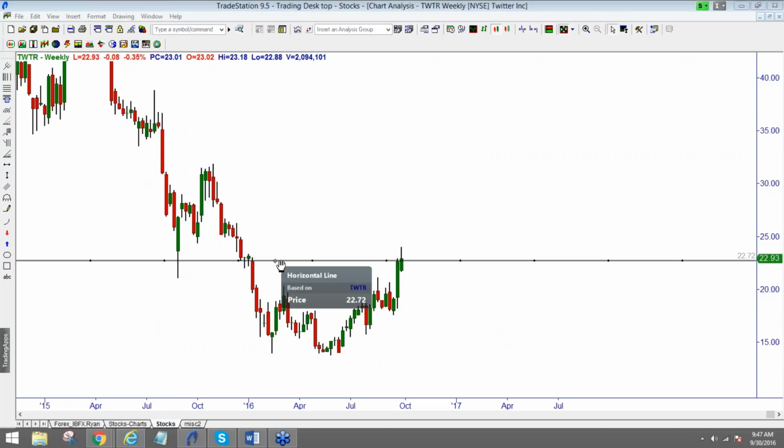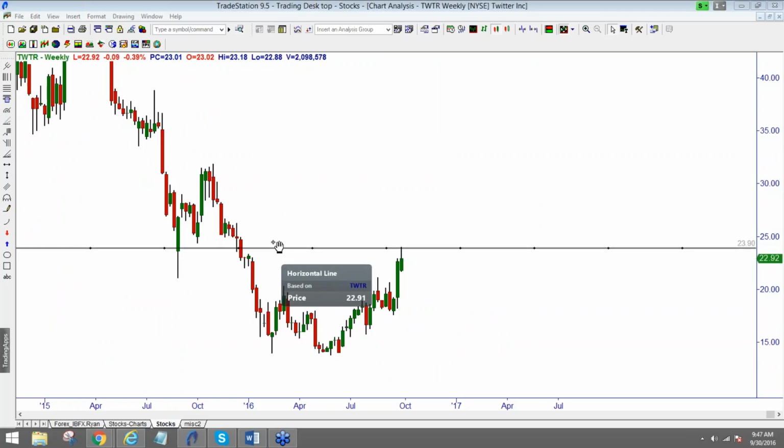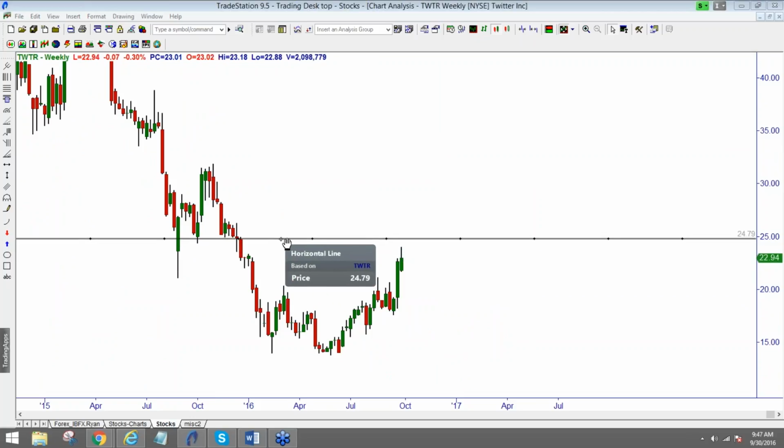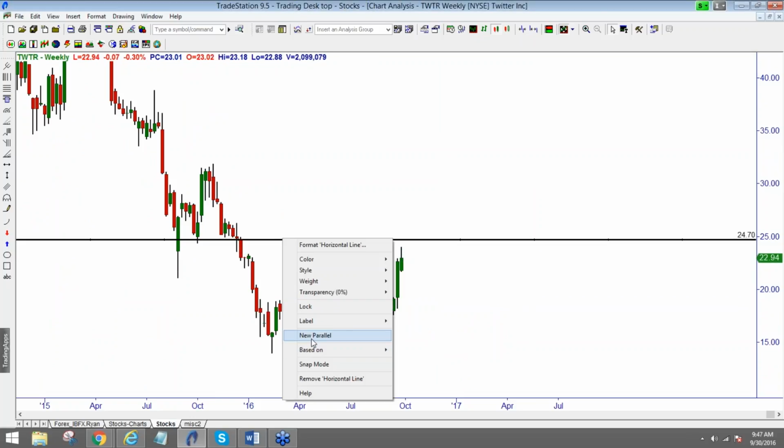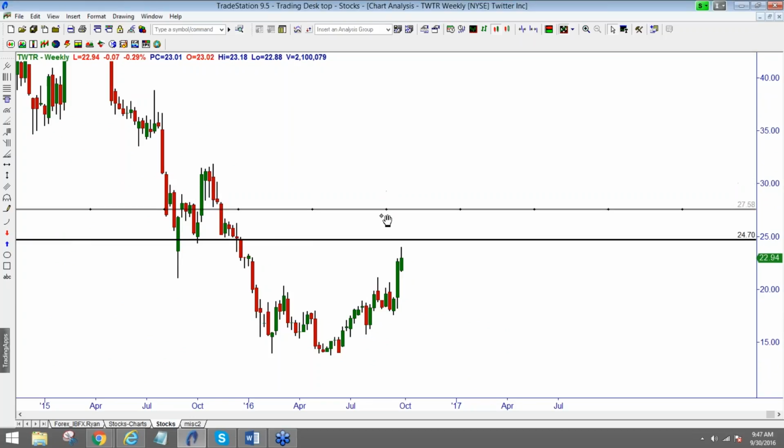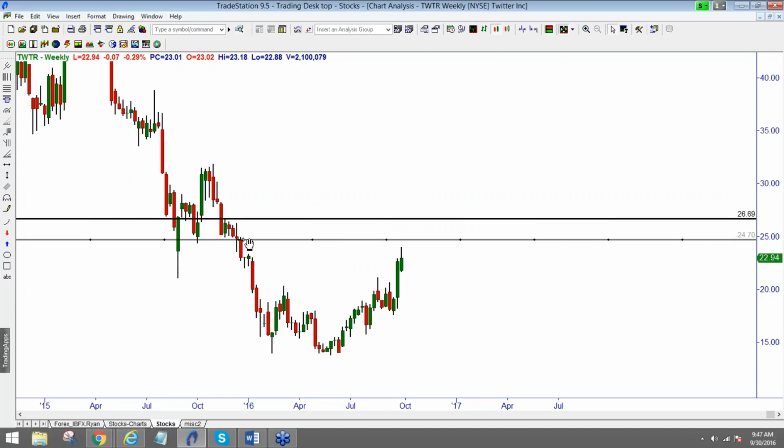Oh, it broke through this little area here, again on news probably. All right, so it looks like this might be the next step. It broke through one. I doubt it can break through two weekly levels unless it literally gets bought.